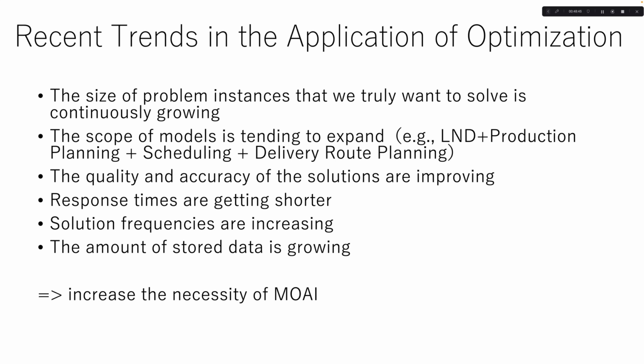For example, there is a growing need not only for logistics network design but also for simultaneously solving production planning, scheduling, and delivery route planning. Furthermore, the quality and accuracy of the solutions demanded by clients are improving, response times are getting shorter, solution frequencies are increasing, and the amount of stored data is growing. These trends are believed to increase the necessity of MOAI technologies.